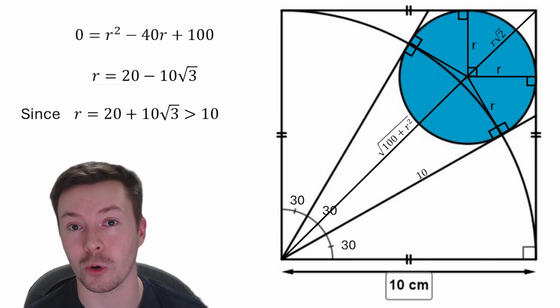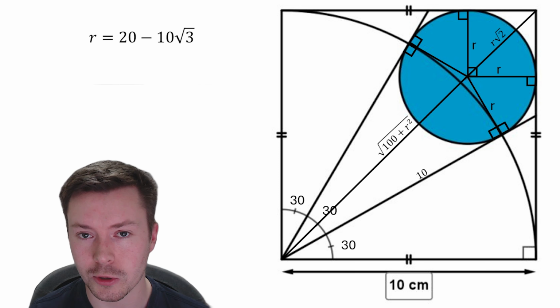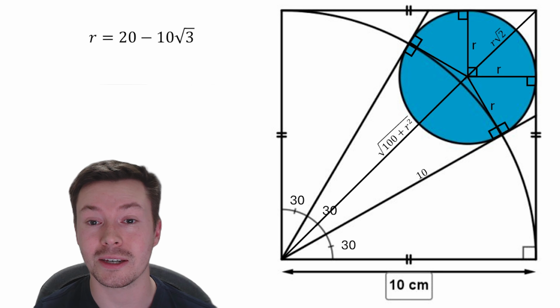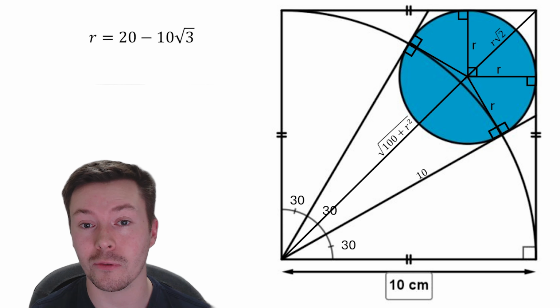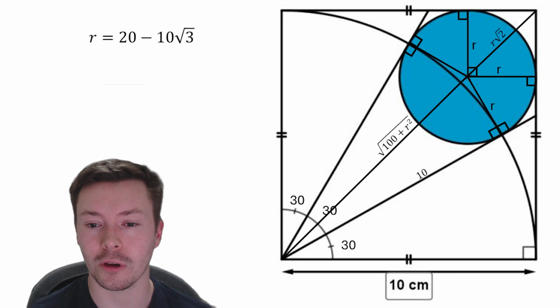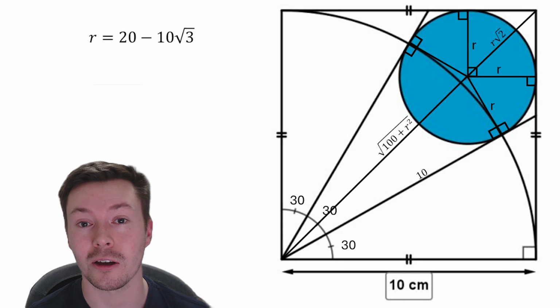So that's obviously not going to work with our diagram. So the only possible solution is 20 minus 10 root 3, and you might have got that with a different method, and you might have got that in a much quicker way. I noticed that after my initial solution, but this is the way that I initially did it, so I wanted to share that with you.